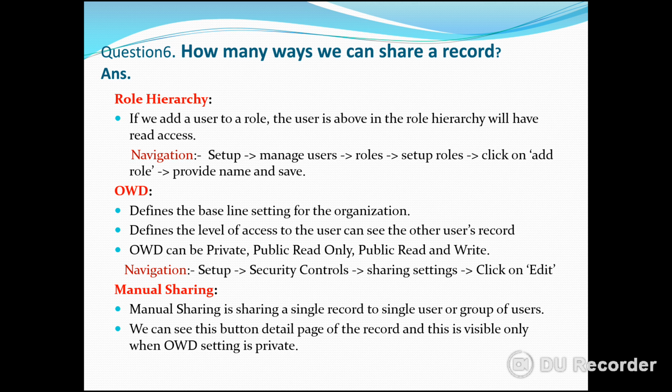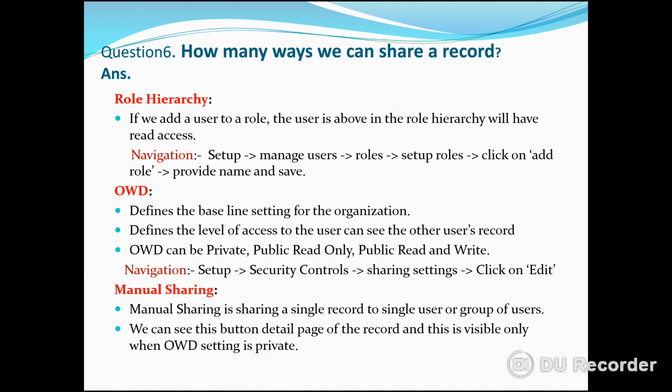Here, role hierarchy: if we add a user to a role, the users above in the role hierarchy will get read access. So here navigation: setup, manage users, roles. Click on add role, provide a name and save.